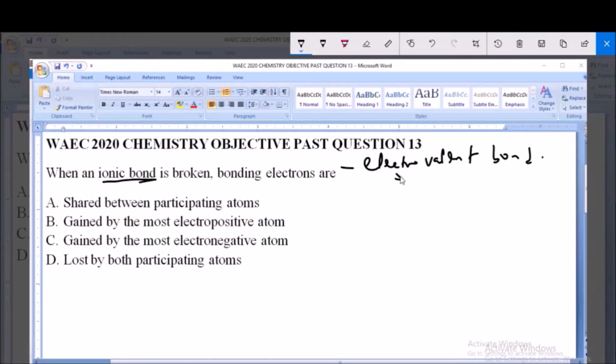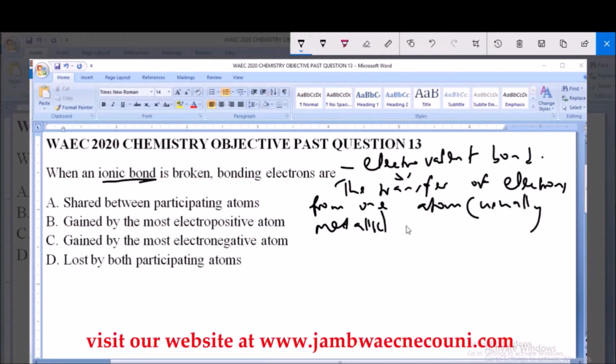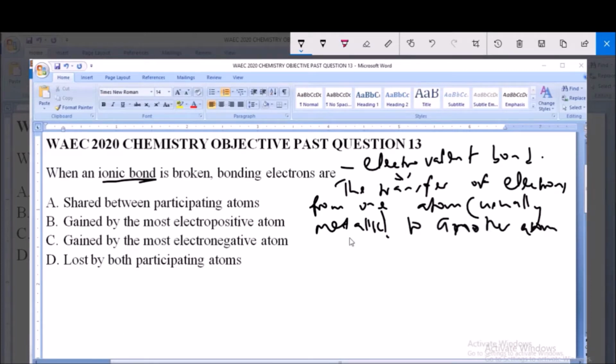It involves the transfer of electrons from one atom, which is usually the metallic atom, to another atom, which is usually the non-metallic atom.